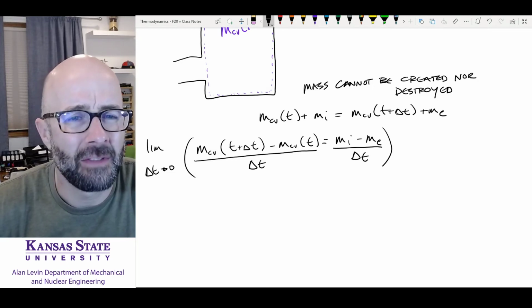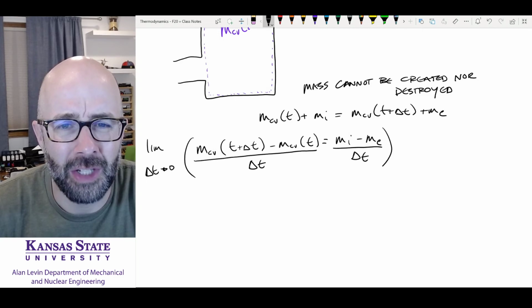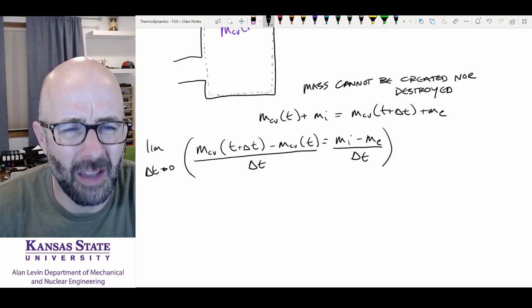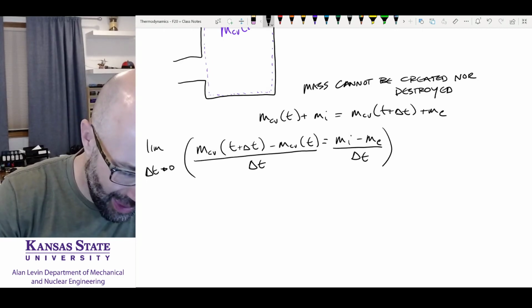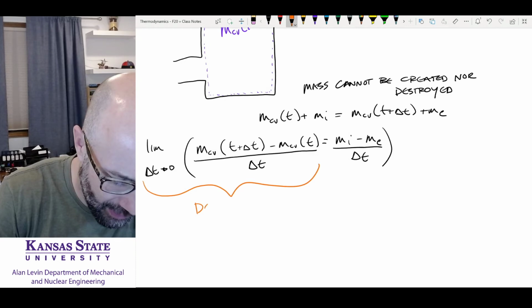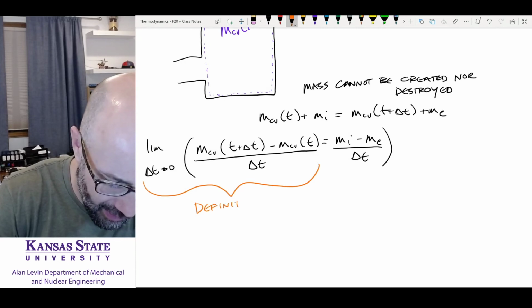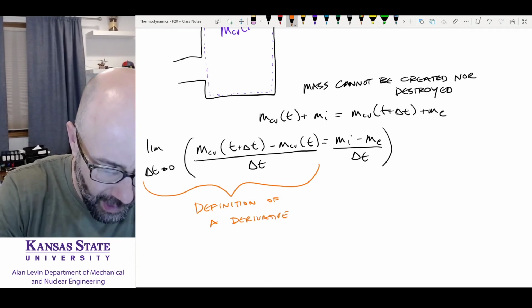Now, some of you are getting very excited here because you're looking at that left-hand side of the equation. You're saying, look, that reminds me of something from calculus. And this right here is the definition of a derivative. Okay, definition of a derivative.